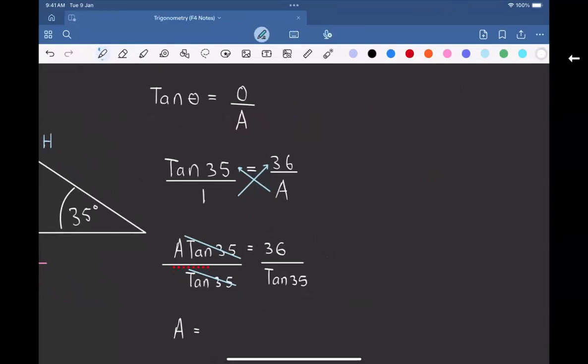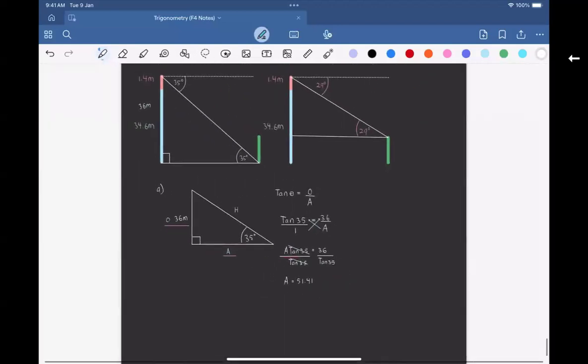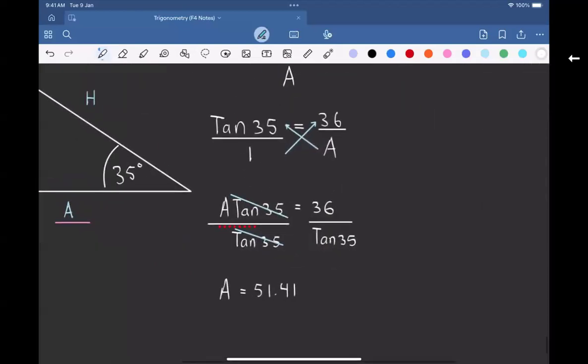Let me just double check that. 51.41. You get 0.42.